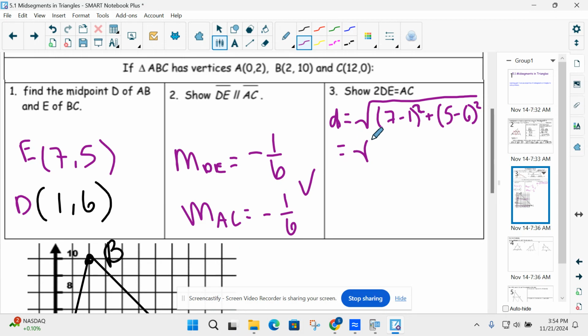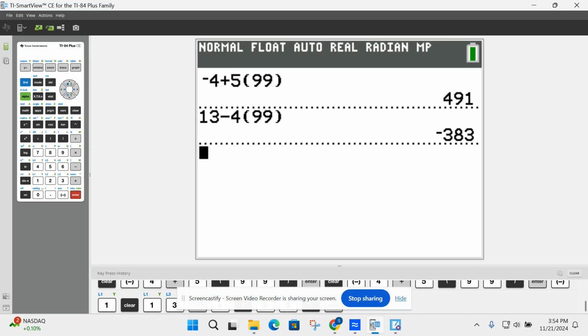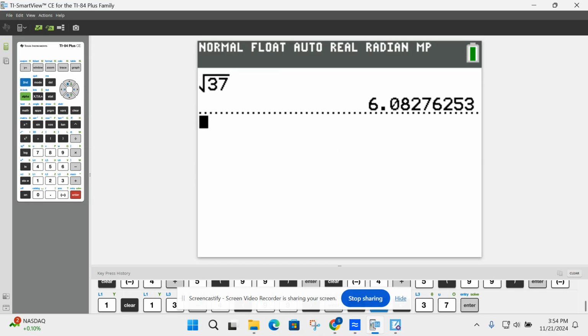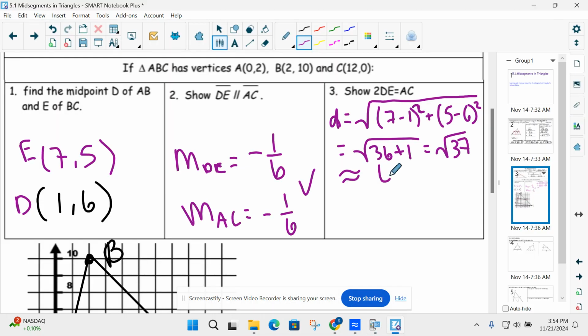If you simplify, that would be 36 plus 1, which is the square root of 37. And then we can approximate that as 6.08. So there's our first distance.